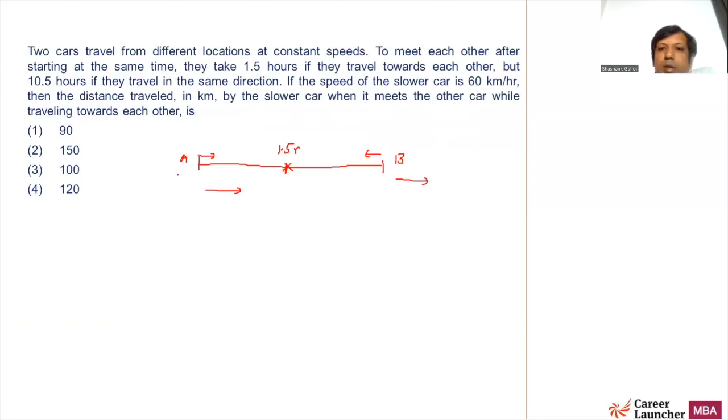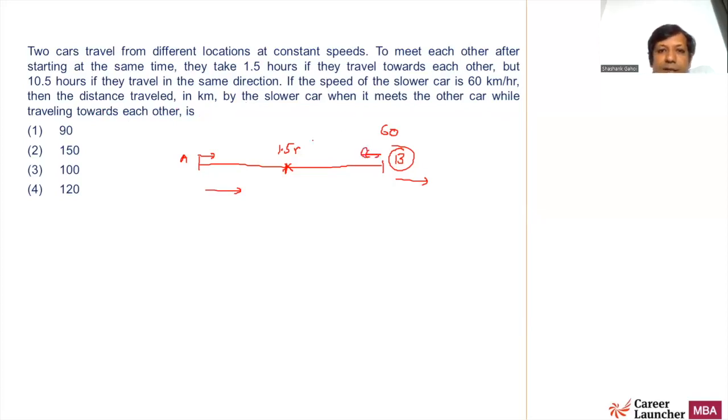Speed of the slower car is 60. So let's assume this car is the slower one and it is traveling with a speed of 60. Then the distance traveled by the slower car when it meets the other car, when they are traveling towards each other. So basically in this question, you don't have to do anything.